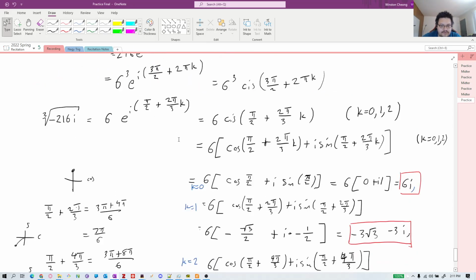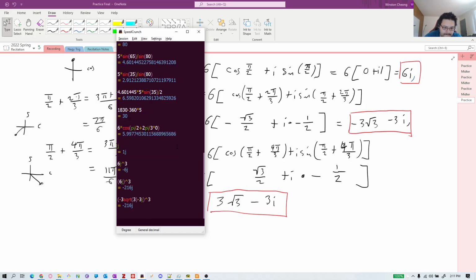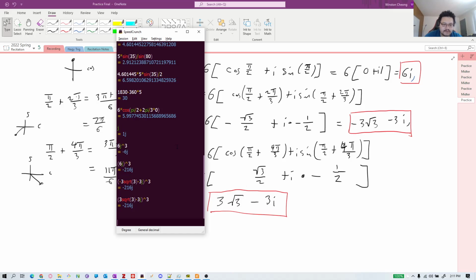That's the original thing, so that one's correct. Minus 3 square root 3 minus 3j, cubed. I need to specify square root of the value 3. Okay, good. And then the last one is just with a positive in front. And again, you also get minus 216j.